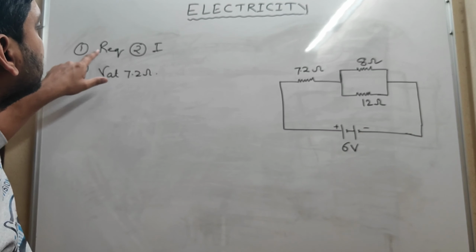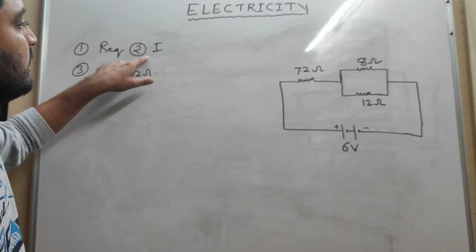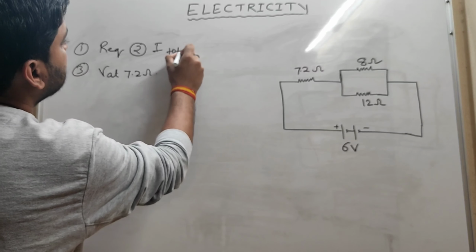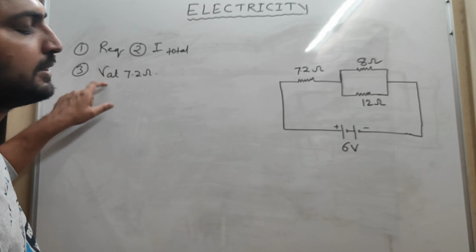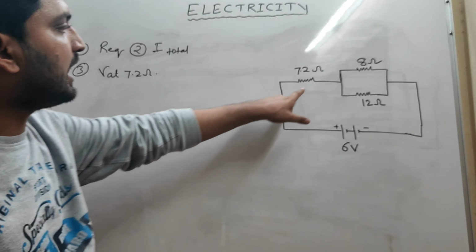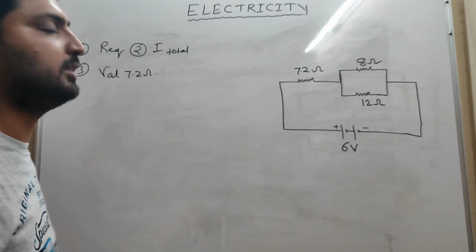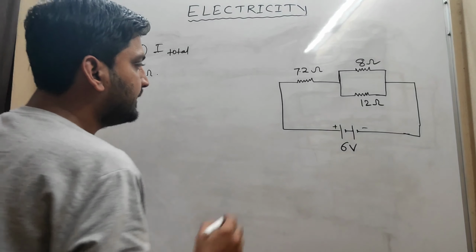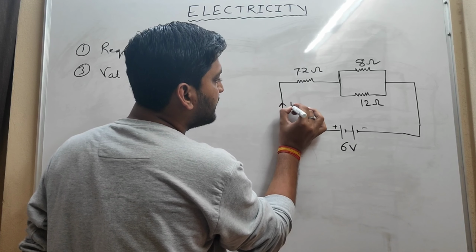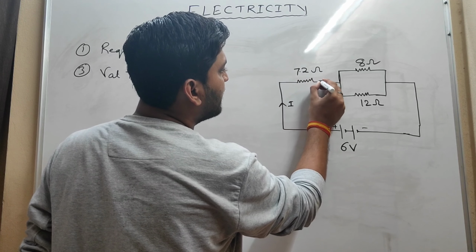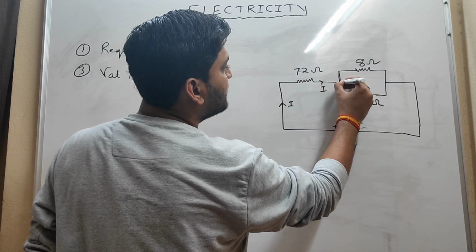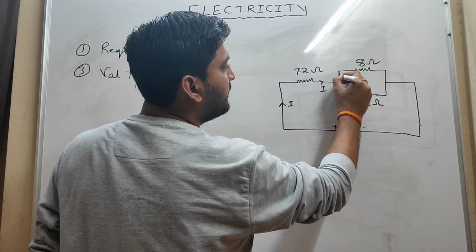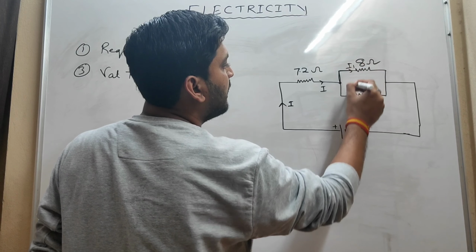Means we need to find three things: R equivalent, the total current, and the potential difference at the 7.2 ohm resistance. So let us solve the first one, R equivalent. Now see here, current will start flowing from here, the same current will flow through it. As it reaches this point, it will divide into I1 and I2.